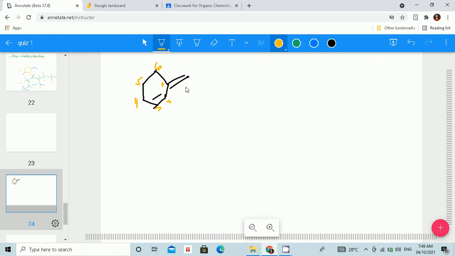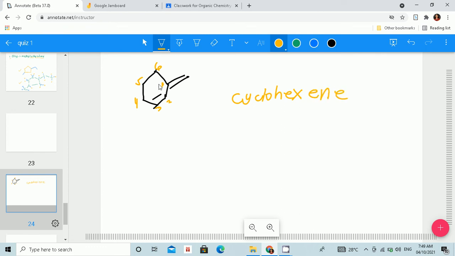So we know that this is a cyclohexane, hex, and then we have also "ene" because there's a double bond. Cyclohexane.